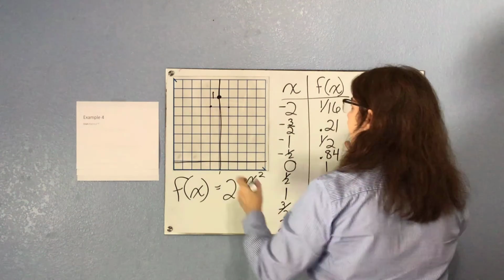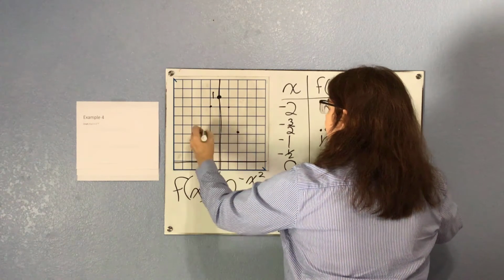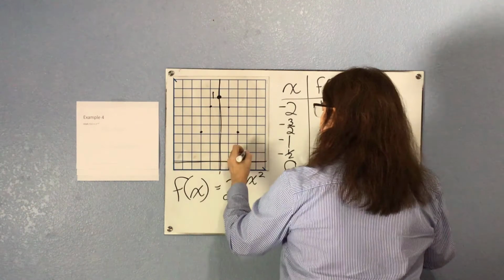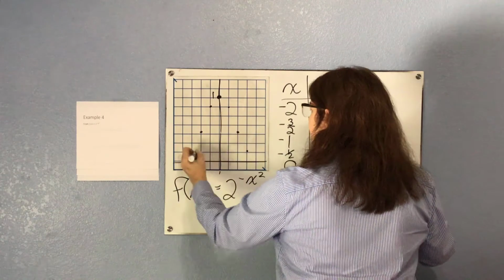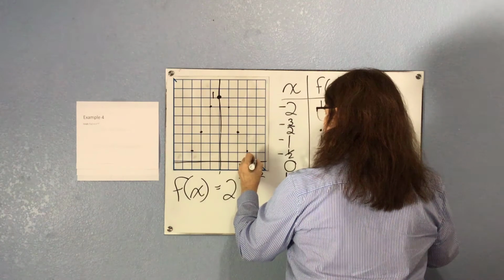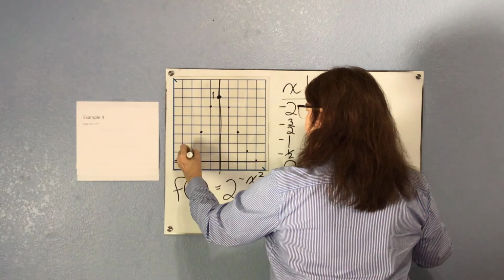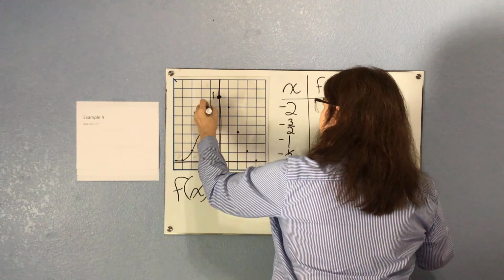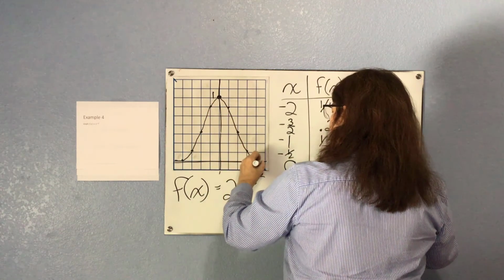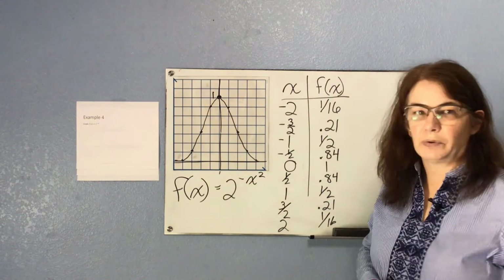And then 1/2 we could maybe make about here. 0.21 about here. And 1/16 down here. So now I have a graph that looks very different from the traditional exponential graph. It looks almost like a parabola with that x squared exponent.